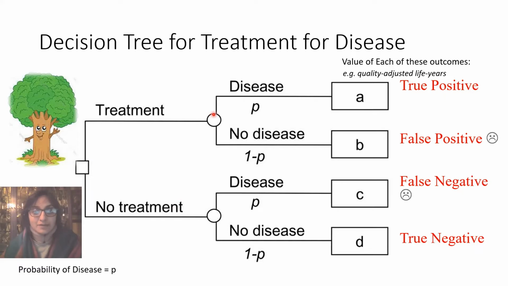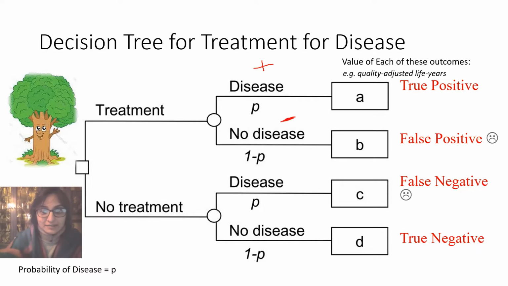And you have different values from these outcomes. If you go for treatment when you have the disease, then that is a true positive. In this case, the positive class is having the disease, and the negative class is not having the disease.